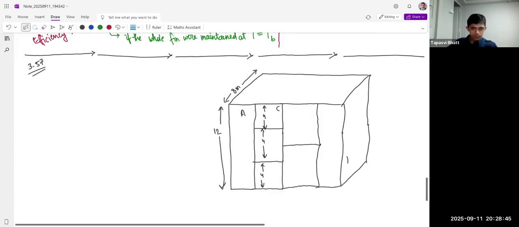This is B. This is C. This is D. This is E. And this is F. And this is 6 centimeters. And this one is 3 centimeters as well.